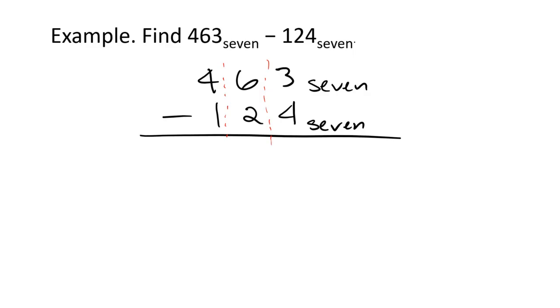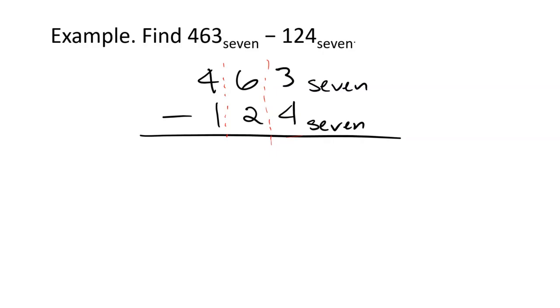Like in this example, the first thing is I'm going to set it up, aligning the place values. So the 3 aligns with the 4, the 6 with the 2, and the 4 with the 1. Notice that when we subtract, it's the bottom number from the top one. So I could do 2 minus 6, I could do 1 minus 4, but on the units, I have a problem because 4 is actually larger.